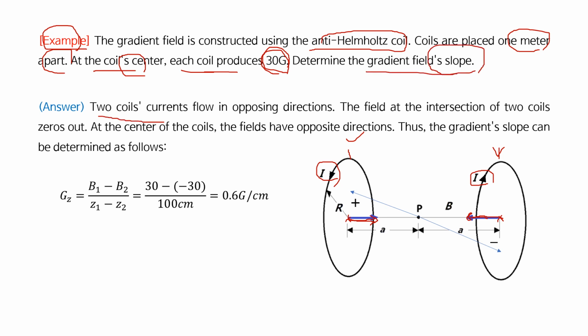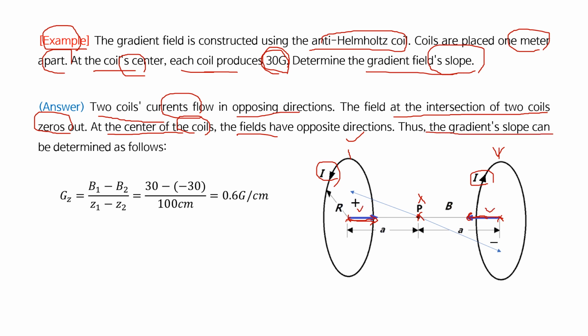The two coils' currents flow in opposite directions. The field at the intersection of the two coils, point P, zeroes out. So at this point, the sum of the fields will be 0. At the center of the coils, the fields have opposite directions.